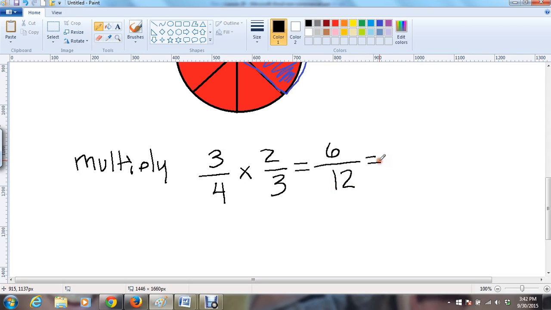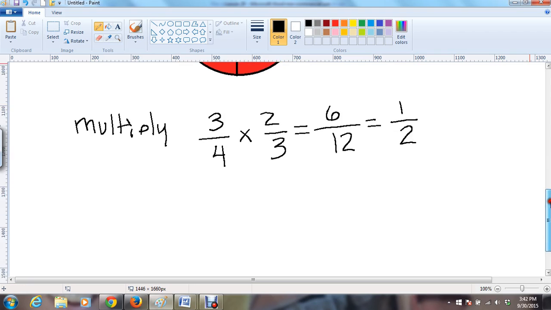And if I want to write that in the lowest terms possible, I want to reduce that. 6/12 means 1/2. And we're going to talk about that more in just a minute.